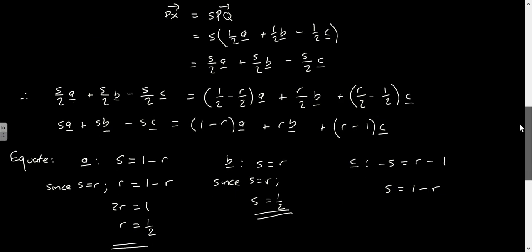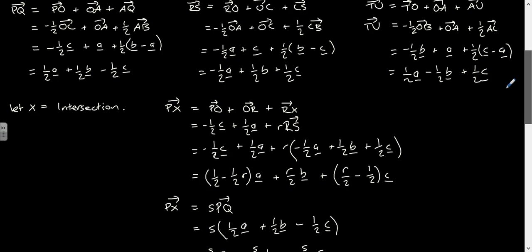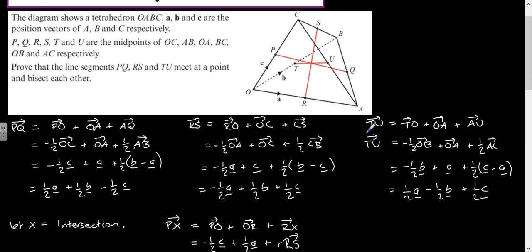Our PQ vector is half A plus half B minus half C. And we also know that PX, this time we want to describe the journey from P to X, but using the vector TU, because we want to know if it's halfway along TU.